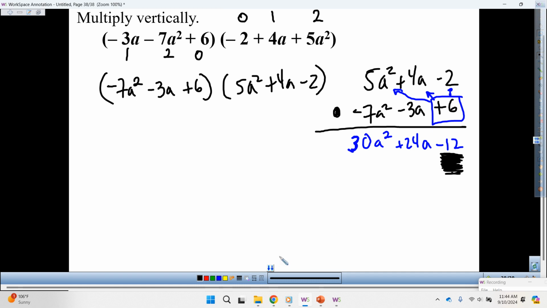All right, Sammy, help me out with the next multiplication. Positive 6a, negative 12a squared, negative 15a to the third power. Hands if you got that. Tell your neighbor what to do next again.